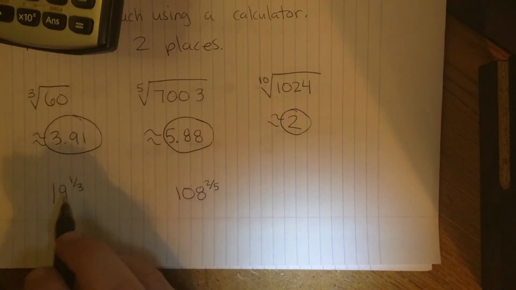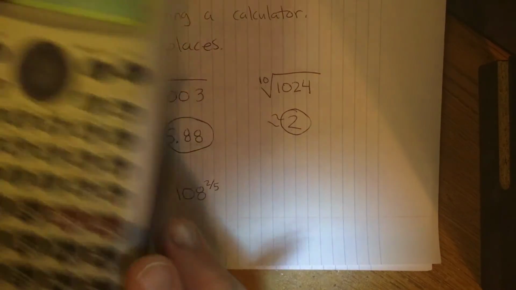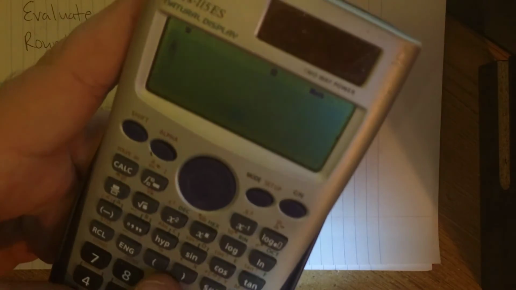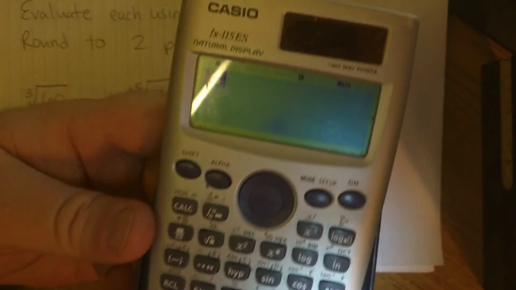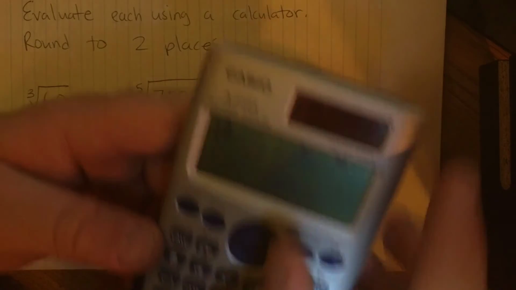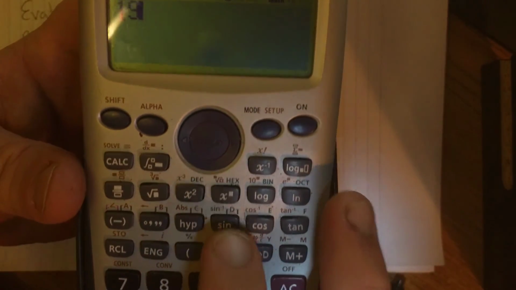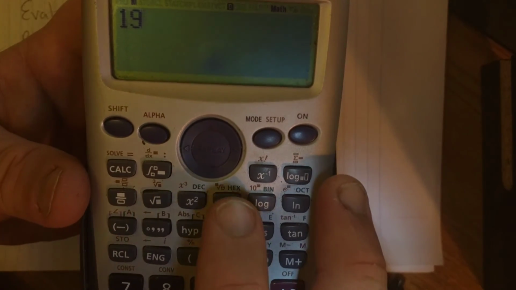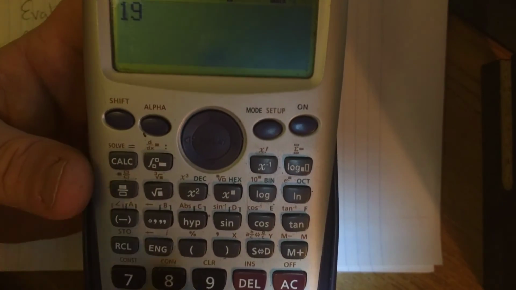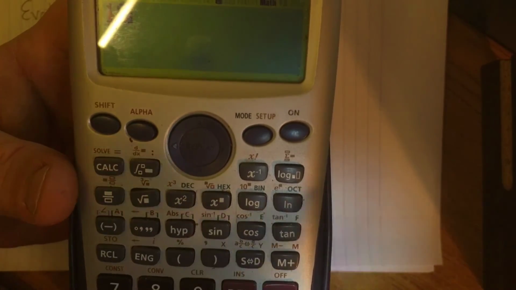Let me just go on to this one right here. I have 19 to the 1/3 power. Now this is a bit different because it's not using the radical, it's using the exponent. And so on my calculator it's a bit different than most other calculators. My exponent button is this one, the X with the blank square right next to it.